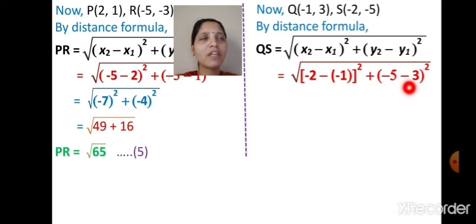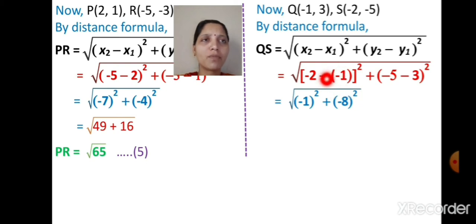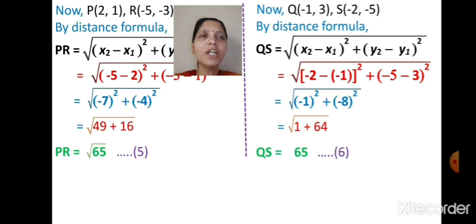So minus 5 minus 3 bracket square, that is equal to square root of, now this minus minus becomes plus. So minus 2 plus 1 is minus 1. Minus 1 bracket square plus minus 5 minus 3 is minus 8 bracket square. That is equal to square root of 1 plus 64. That is nothing but square root of 65. Write this equation as equation 6.